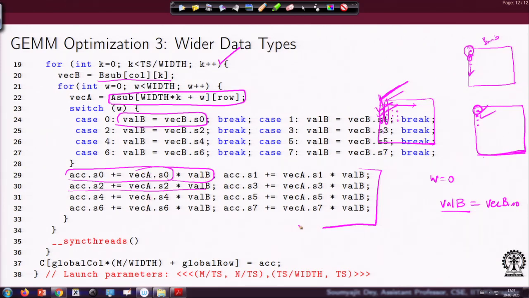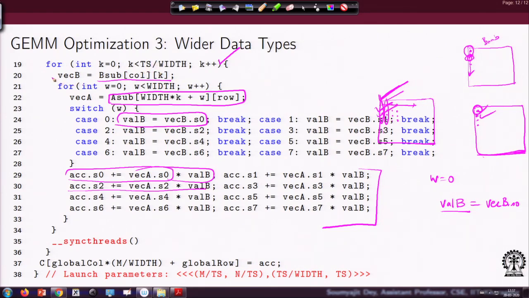Again, as I progress, I will choose one component here, the second component for vec b. By the way, it is important to note that vec b is loaded once and that is getting used entirely in this loop. Vec b is not changing.